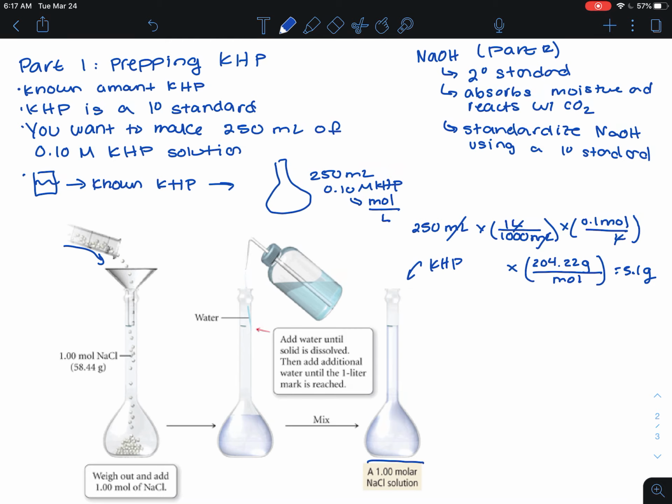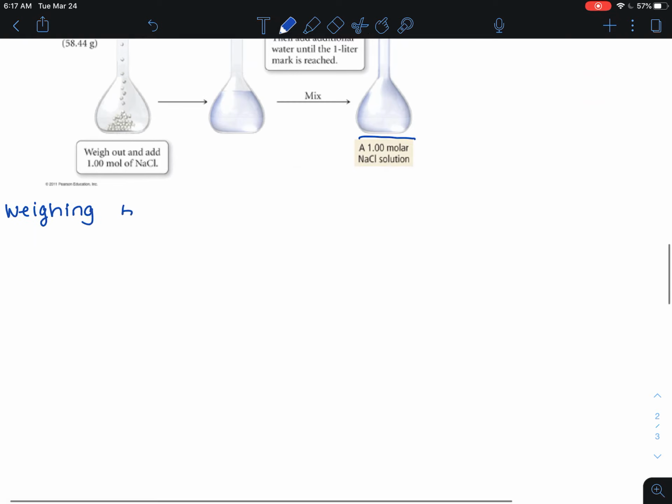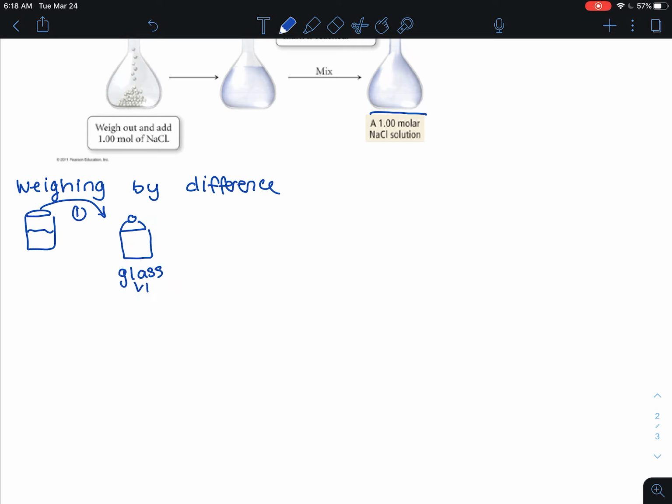So then, in order to make your standardized KHP, which is the first day, you transfer the contents into your dry weighing bottle. Now, this is where weighing by difference comes in. So you're given this vial that's plastic, and you want to first transfer the contents as much as you can into this little glass vial from your drawer.